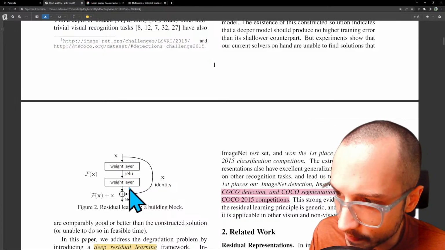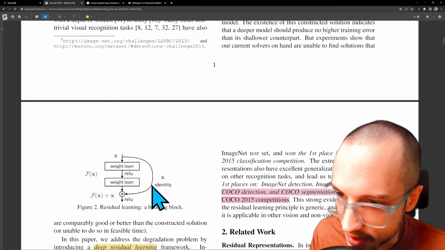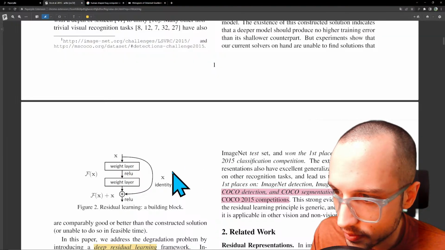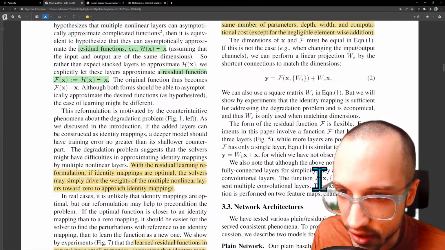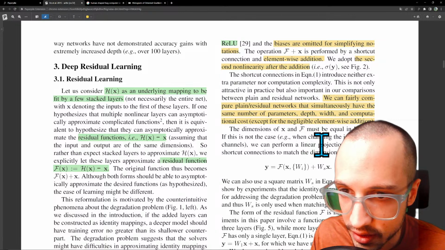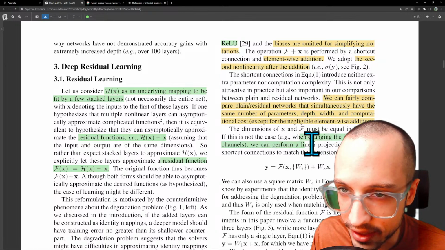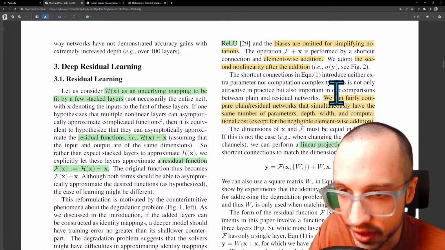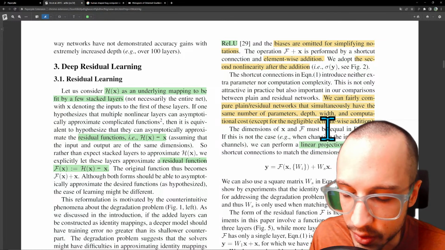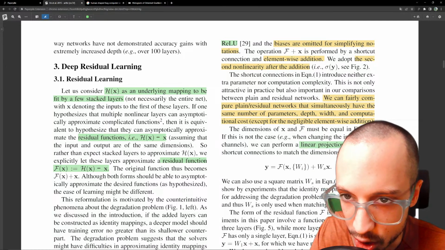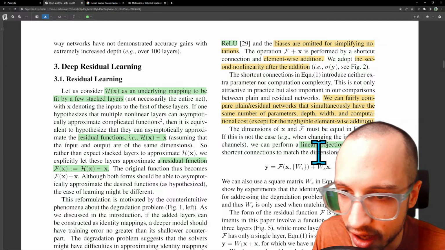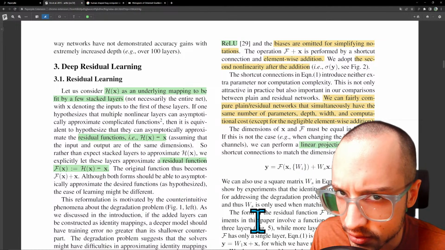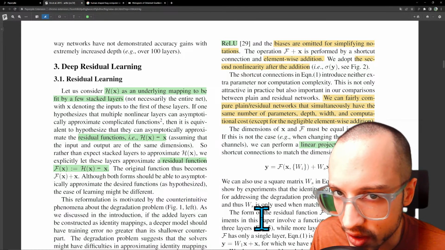So sometimes you take this x and you have this matrix here, Ws, and you perform a linear projection which takes your x, going through the residual path or skip connection path, and makes sure that it's the same dimension as what comes out of the standard path, if we want to call it that.